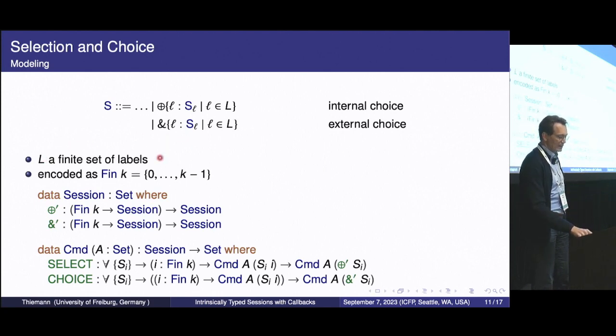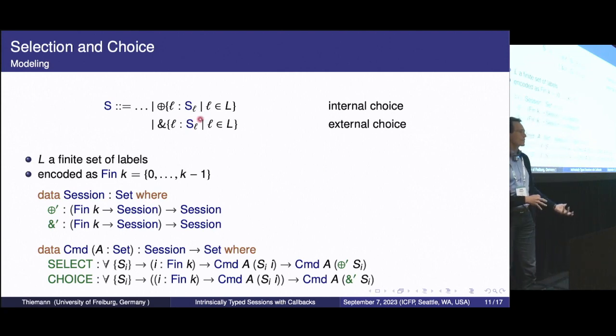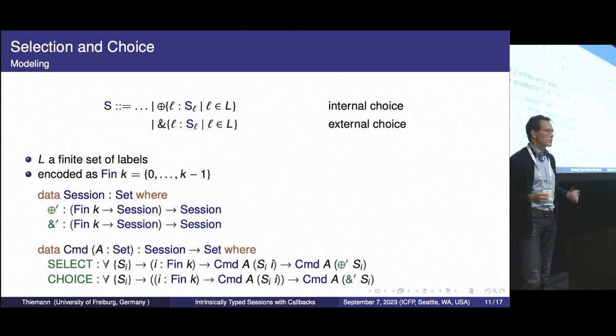So we have a finite set of labels, so that should be encoded as a finite set in ACTA, and then you can more or less write down those predicates, those types. So this is one possible, well, I should say the most convenient possible interpretation of these session type constructs into ACTA. Essentially, you model this indexing by L by a function from this finite set into session types.